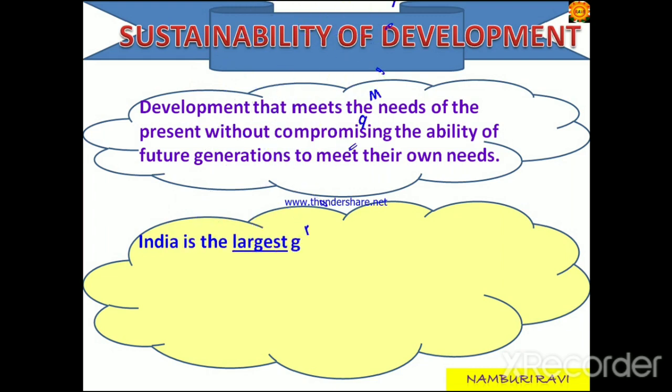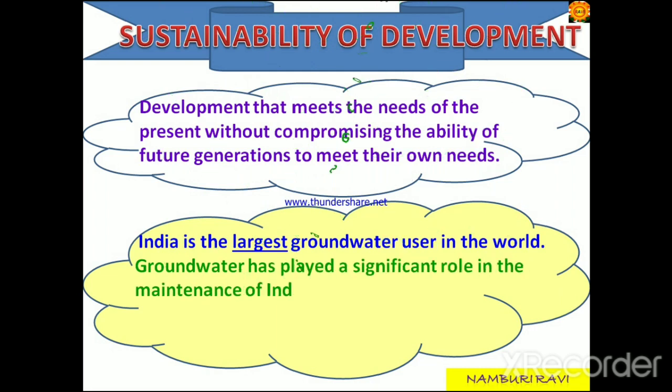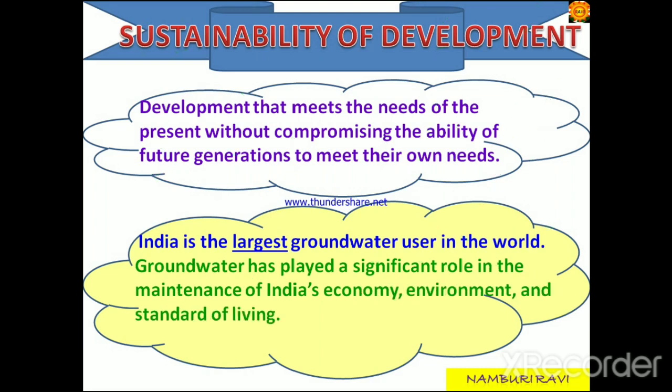Under sustainable development, India is the largest groundwater user in the world. Groundwater has played a significant role in the maintenance of India's economy, environment, and standard of living. So we have a large quantity of water resources, but in some areas these resources are being misused and overused.